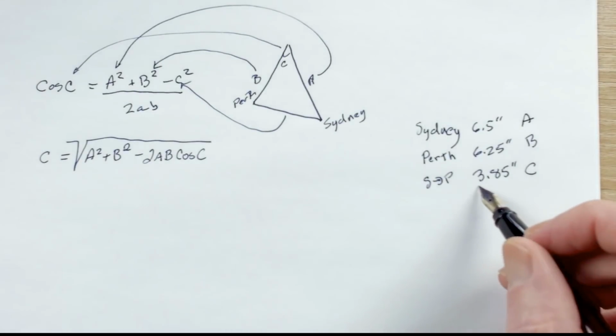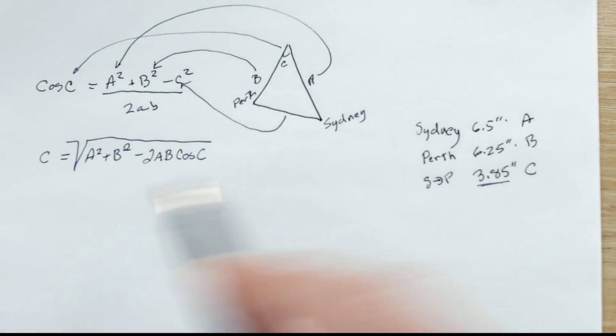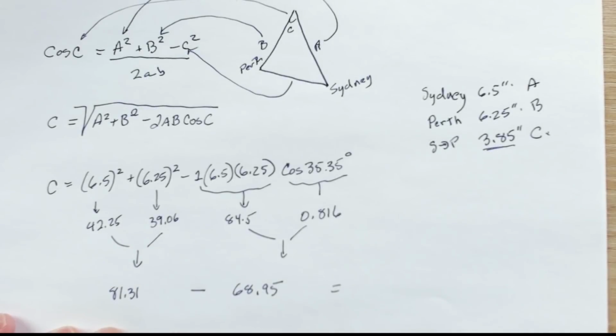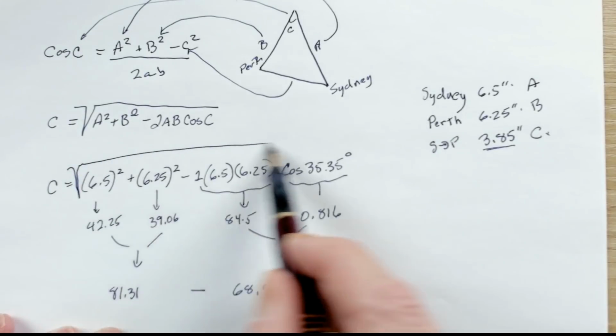Now, we measured this directly, but the Gleason map is a little inaccurate out in the periphery when you go east to west. We're very confident with these measurements, so we're going to use the Law of Cosines to see what side C should work out to be. And let's go ahead and put the numbers in. So here we go, folks. Caution, math ahead. Side C will be the square root of this entire term right here.